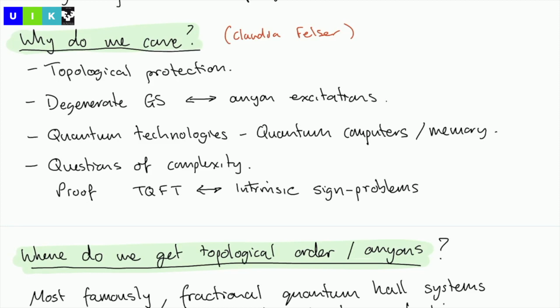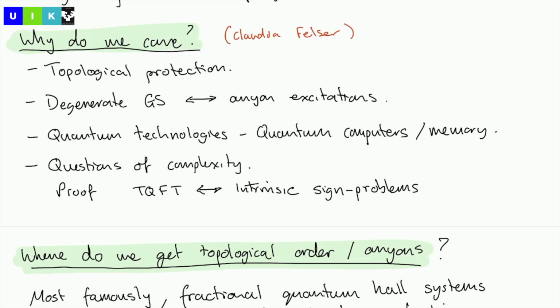So why do we care about this? This is always a question that I try to ask, like why do we care about these systems? Like topological systems in general, we heard a lot this morning about advances, particularly on the topological band structure side, and why these are useful. But more specific to the topological order, there's this concept of topological protection, that we can have quantities that are protected against local perturbations.